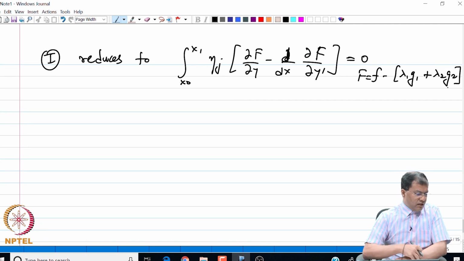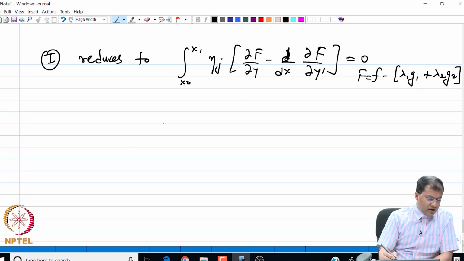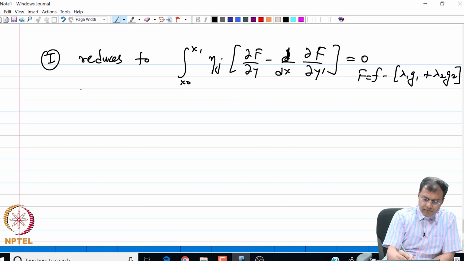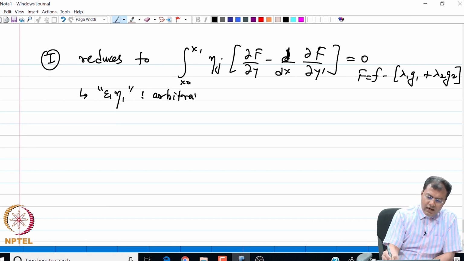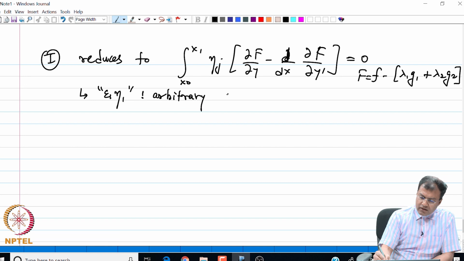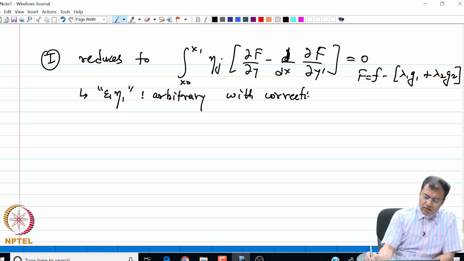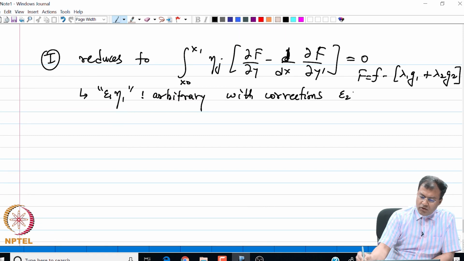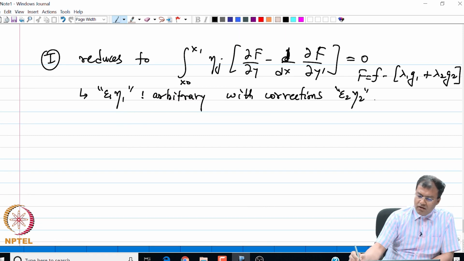Okay. Notice that the term epsilon 1 eta 1 is arbitrary. We just want to remark that the term epsilon 1 eta 1 is arbitrary, with corrections epsilon 2 eta 2 and epsilon 3 eta 3.